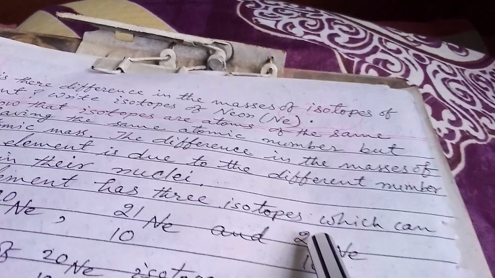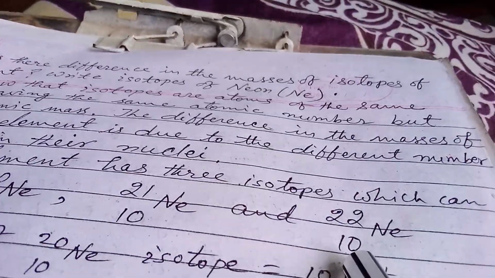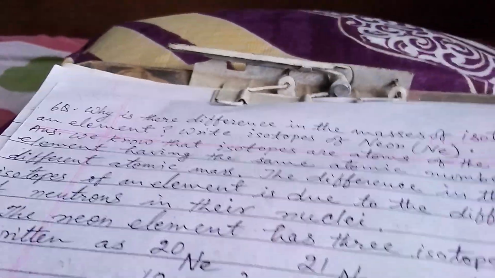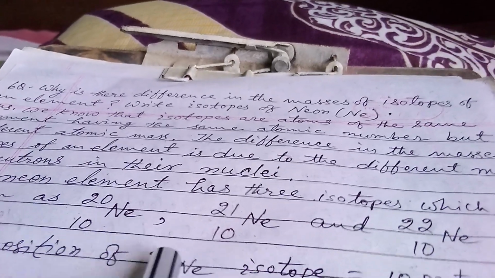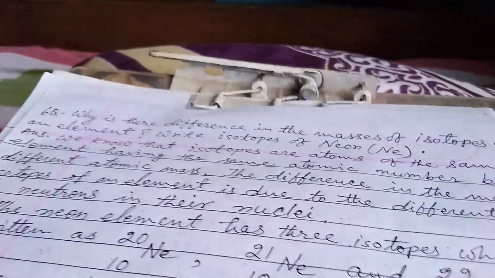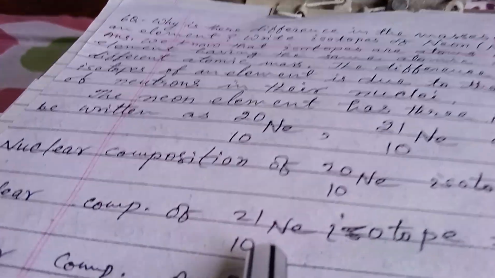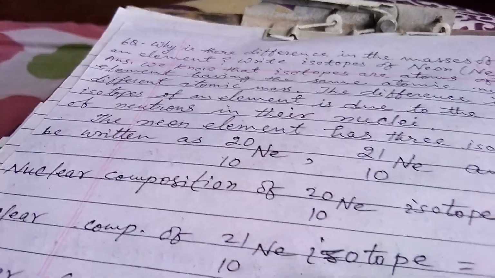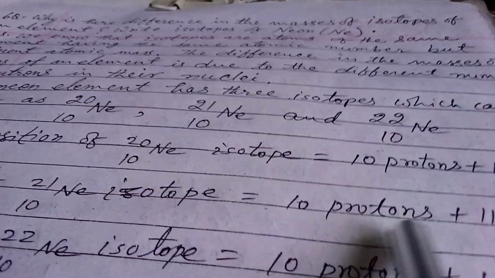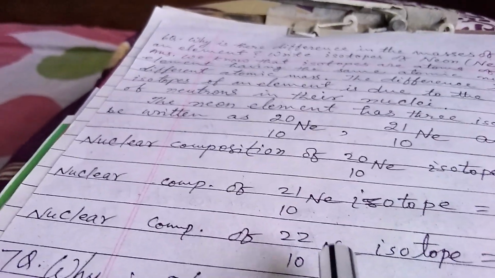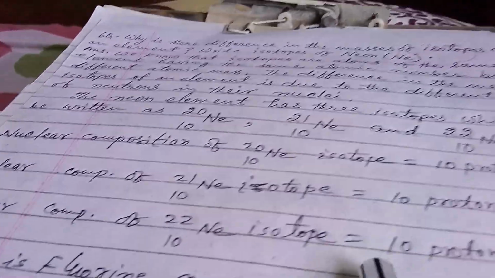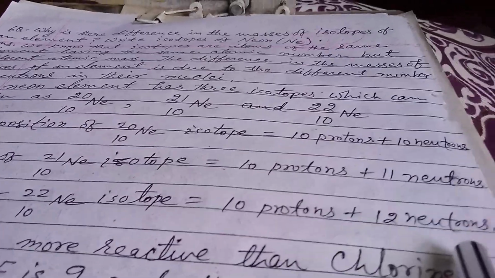So 22 is the mass number and 10 is the atomic number. So nuclear composition of first isotope, that is 20 Ne 10 isotope, is 10 protons plus 10 neutrons. Nuclear composition of 21 Ne 10 isotope is 10 protons plus 11 neutrons. And nuclear composition of 22 Ne 10 isotope is 10 protons plus 12 neutrons.